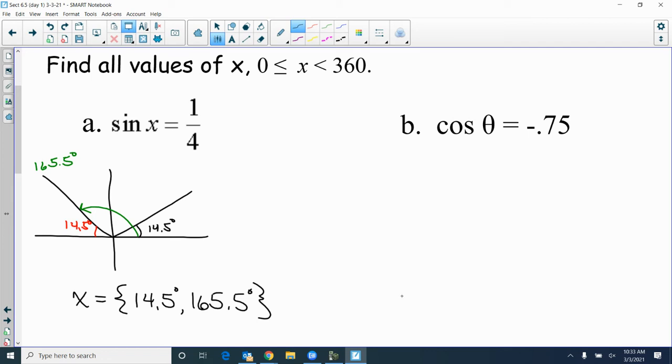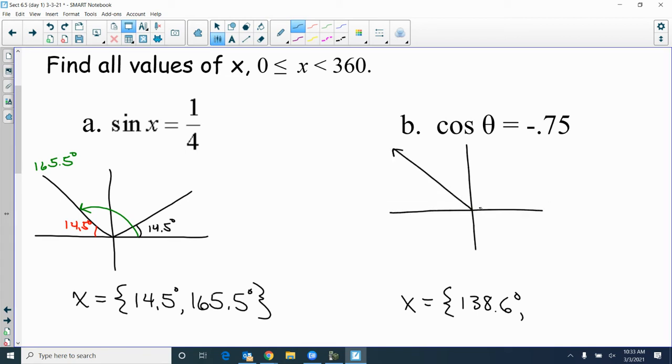Okay, 138.6. That is going to be one of our answers. Aaron Hess, what quadrant will our other answer be in? The other answer will be in quadrant 3. All right. And any ideas how to find it?